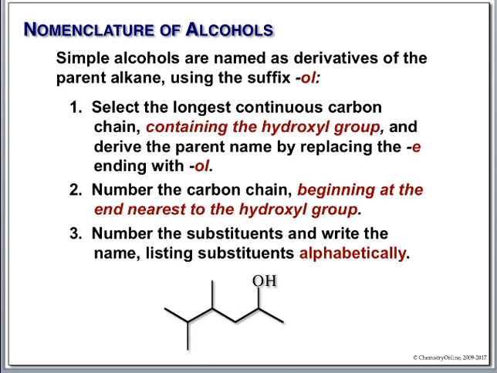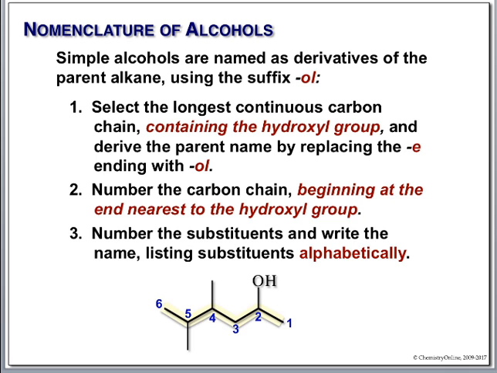If we had a compound like this, we would look at it and say, what's our longest continuous carbon chain containing the OH? And it's going to be this guy. We're going to number this so that the OH group has the lowest possible number. Then we're going to look at substituents.